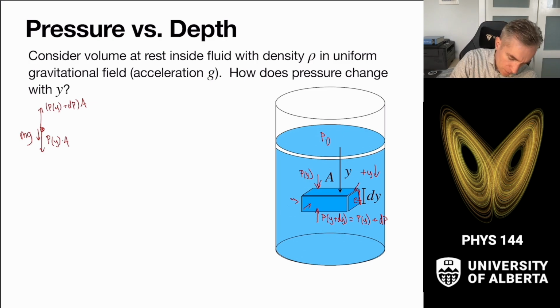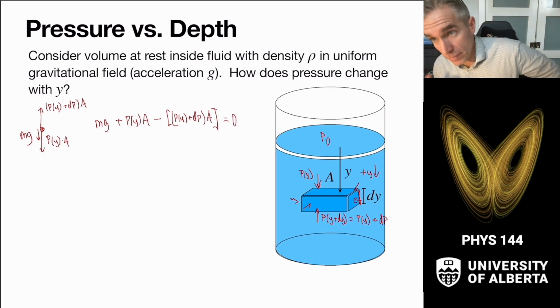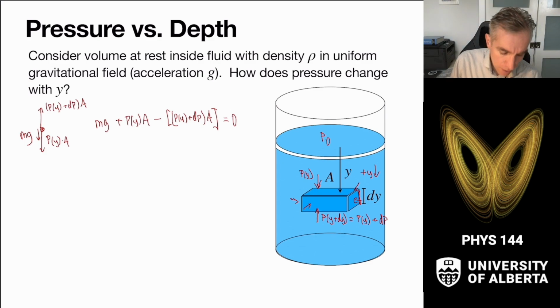So the positive forces here are mg plus P of Y times the area, and then the upward forces are in the negative direction, and that whole thing is P of Y plus dP all times the area, and that's equal to 0.